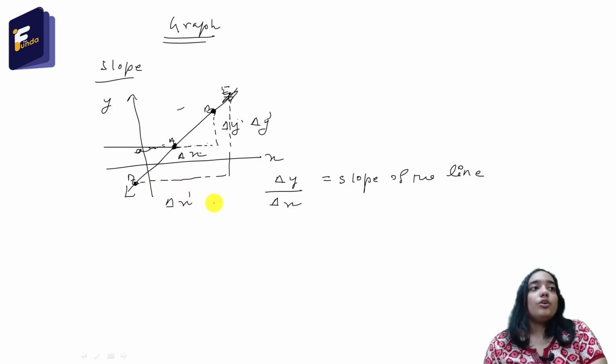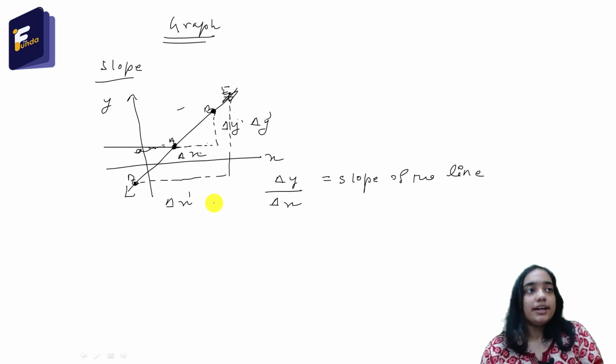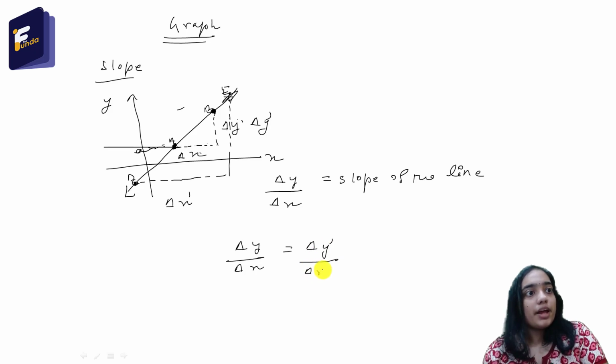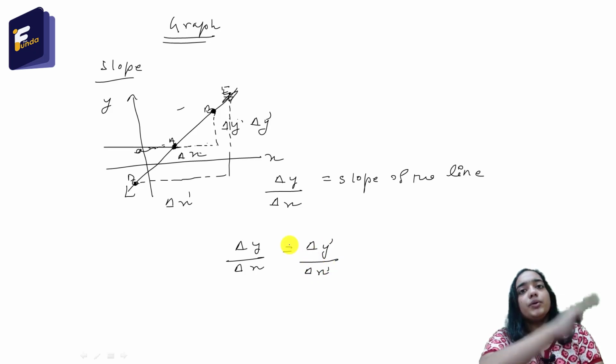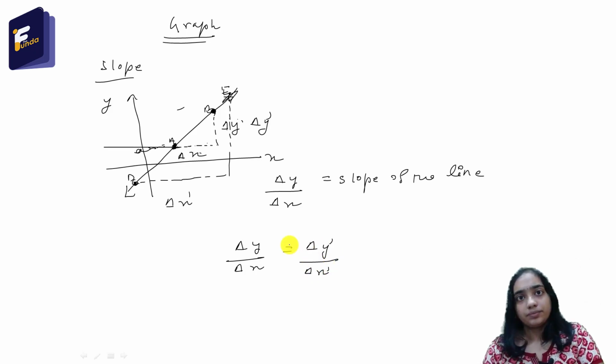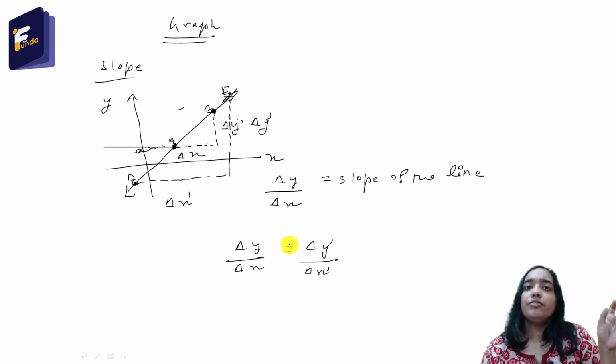So what we can say is that delta y by delta x is equal to delta y dash by delta x dash, and is equal to the shift between any 2 points on the line. Okay, why is this so? Because it is a concept of trigonometry.